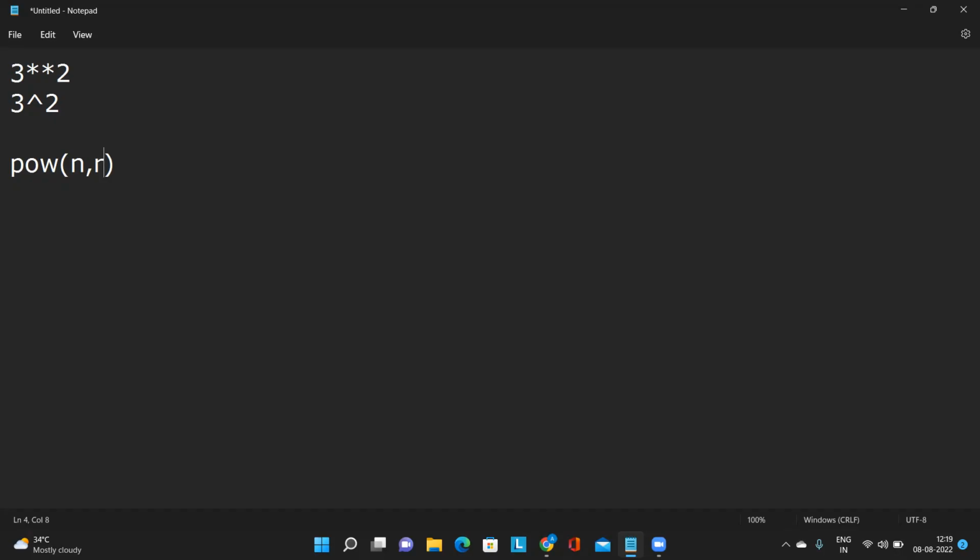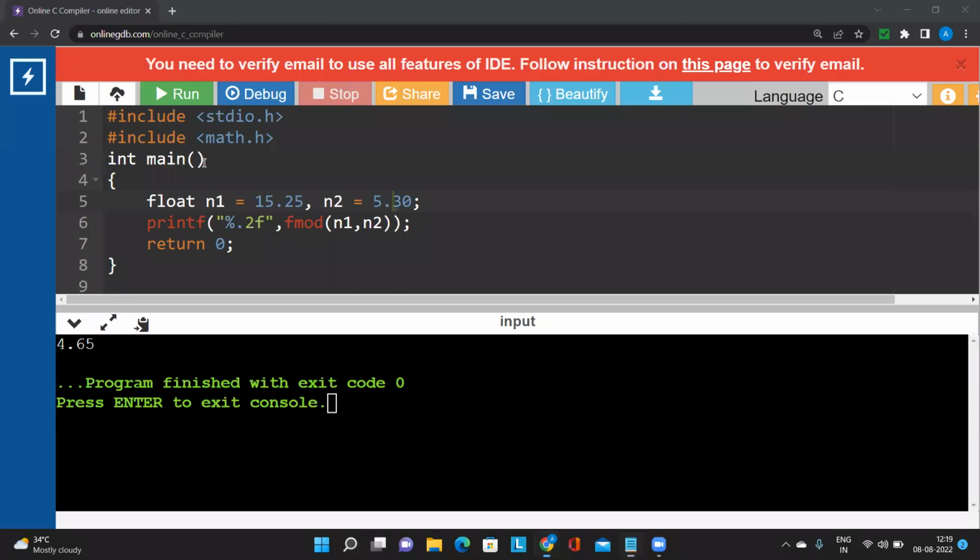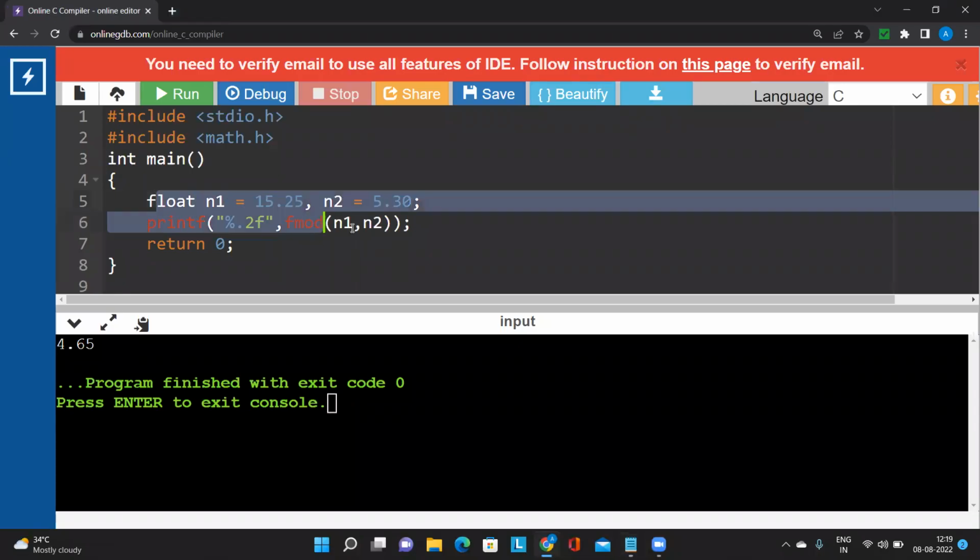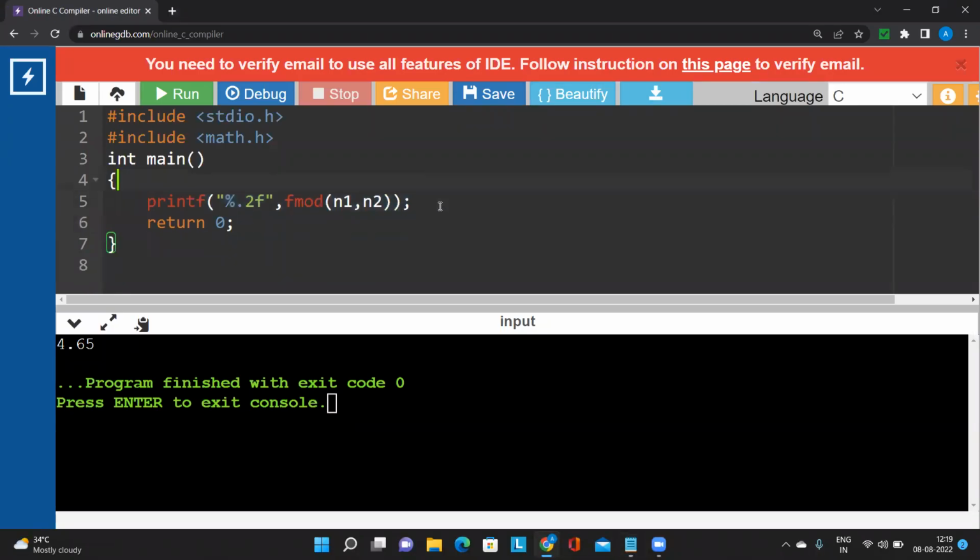And again, this function is available for us inside the math.h header file. So if you want to calculate any power of operations, then this is the function, and it is included in the math.h header file. Remember, there is no operator for power of. Say for example, let us try it out also.